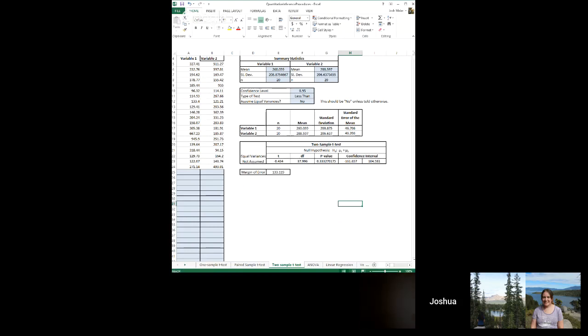Can you say that again? It's sufficient evidence if you reject the null hypothesis. It's insufficient evidence if you fail to reject the null hypothesis.